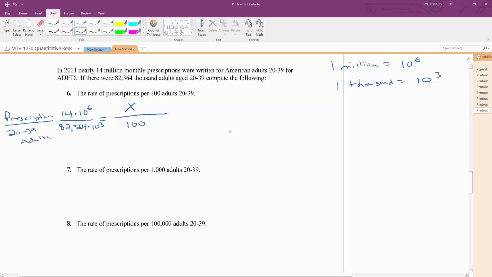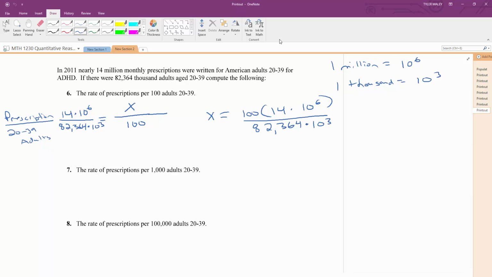And we want to find x here. So to find x, I would take 100 times 14 times 10 to the 6th and divide this by 82,364 times 10 to the 3rd. One thing you want to remember though is 10 to the 3rd times 10 to the 3rd is equal to 10 to the 6th, by exponent rules. So I can erase 10 to the 6th and write in 10 to the 3rd times 10 to the 3rd here.